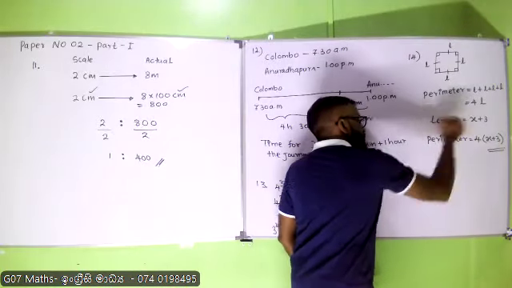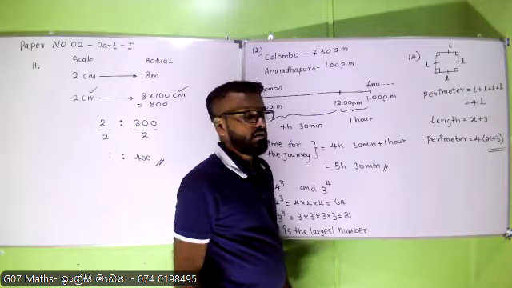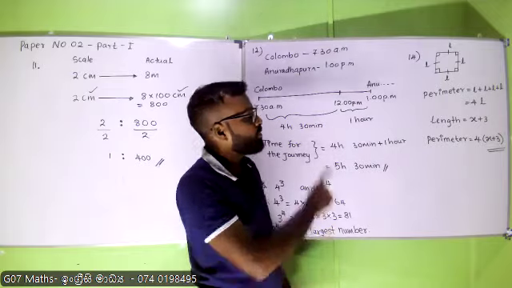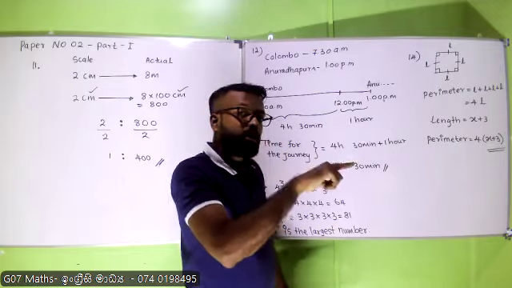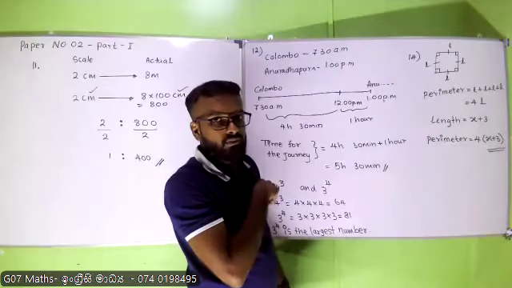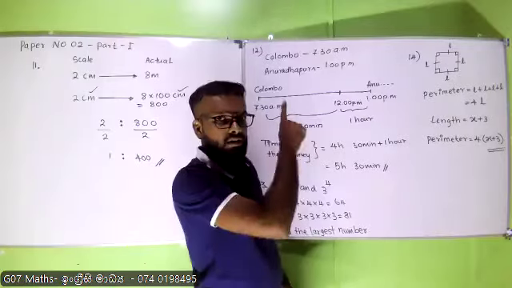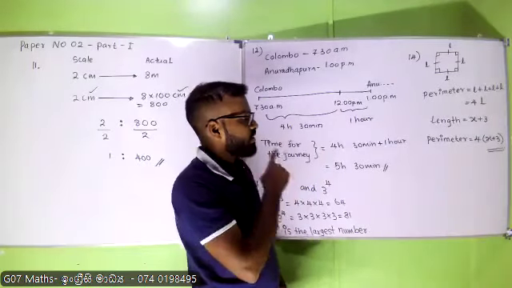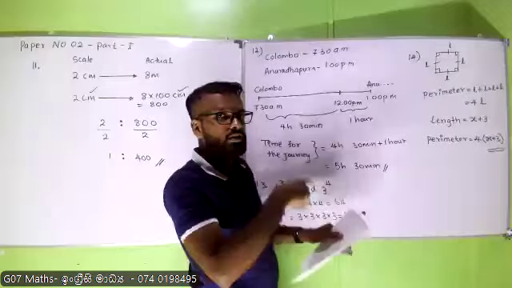4 times the length of a side, because all 4 sides of a square are equal. L plus L plus L plus L is 4L. So instead of L, you can substitute x plus 3.